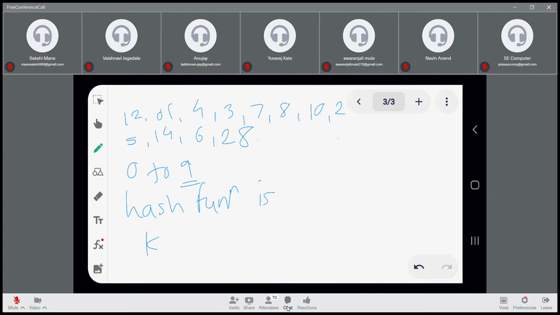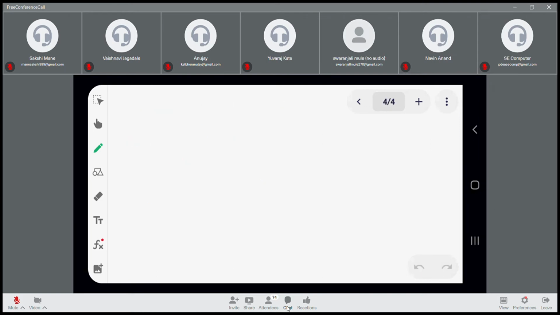So consider that your hash function is key mod 10. Key mod 10 is your hash function. So your index is from 0 to 9.